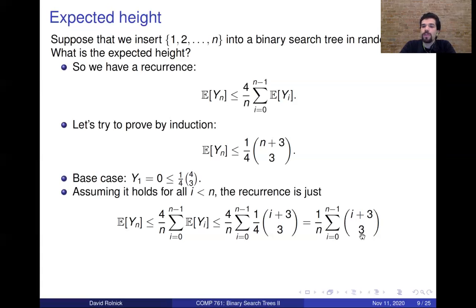So what is the sum just by itself equal to?